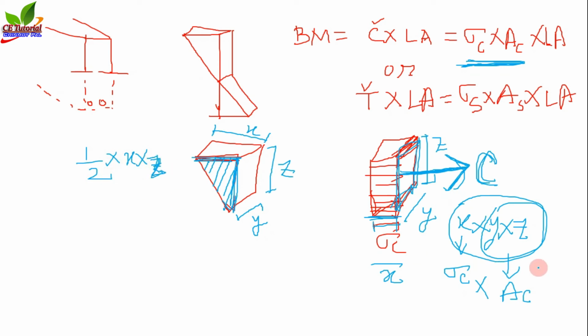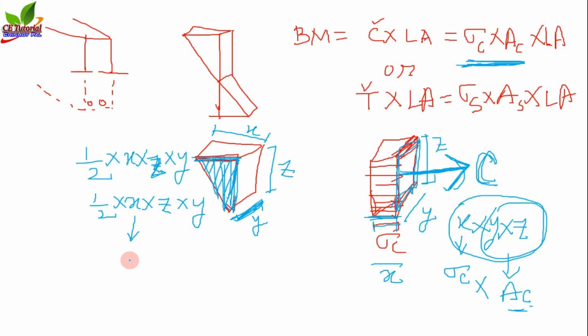This area is not actually this area, this is totally different. You are calculating the volume of this block indirectly. Half into X into Z is the area of this triangle, and if I multiply this area with Y, the width of the block, we get the volume.